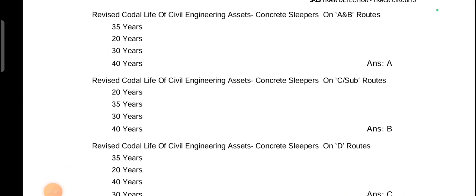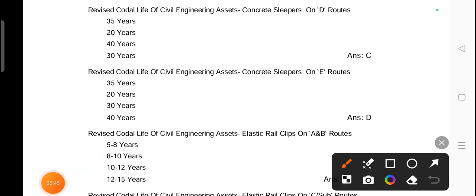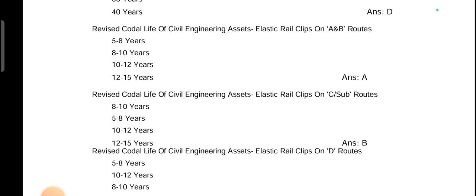Next, revised total life of civil engineering assets concrete sleepers on D routes, 40 years. Revised total life of civil engineering assets concrete sleepers on E routes, 40 years. Revised total life of civil engineering assets elastic rail clips on A and B routes, 5 to 8 years.